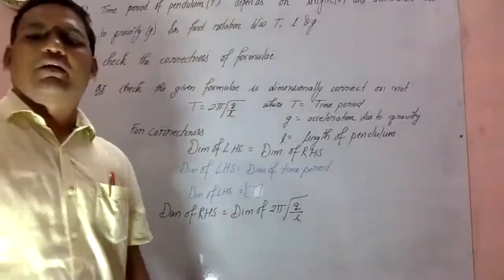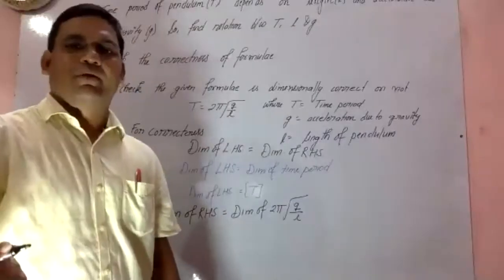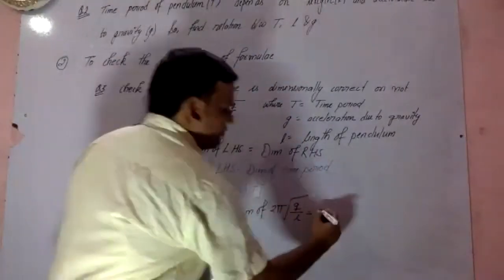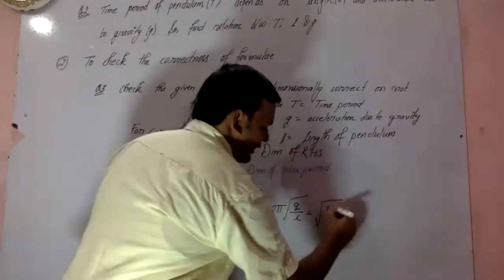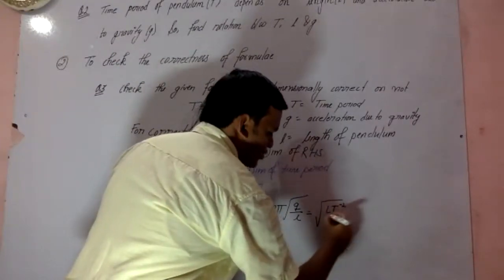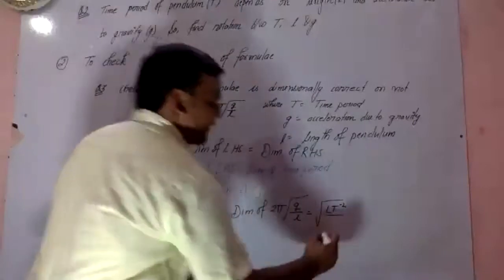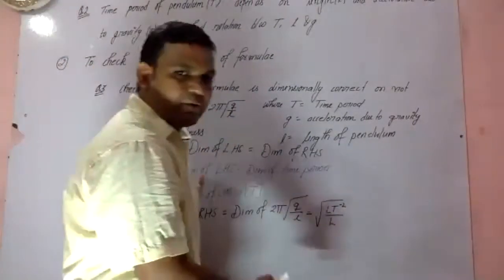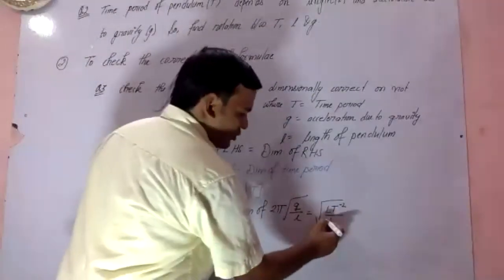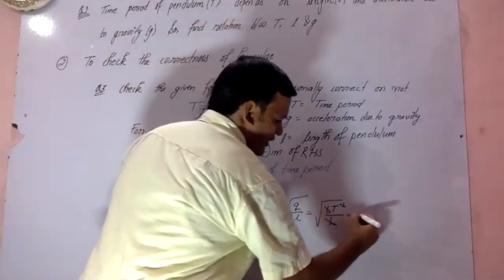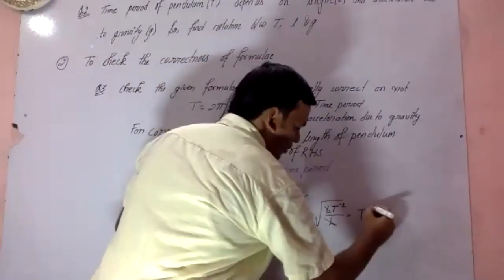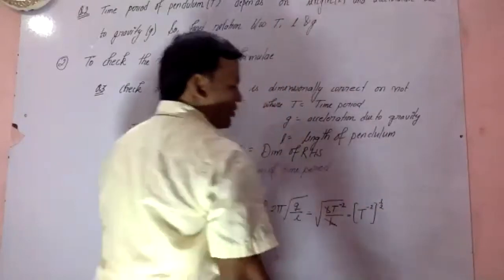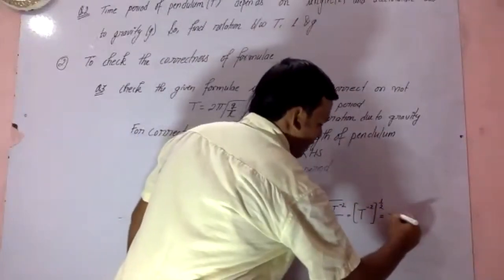A constant has no dimensional formula, so 2 pi will be dimensionless. G is acceleration due to gravity, which has the dimensional formula LT to the power minus 2, and L is length, which has the dimensional formula L. And L will be cancelled out. So this will become T to the power minus 2, and with power 1 by 2, this will become T to the power minus 1.